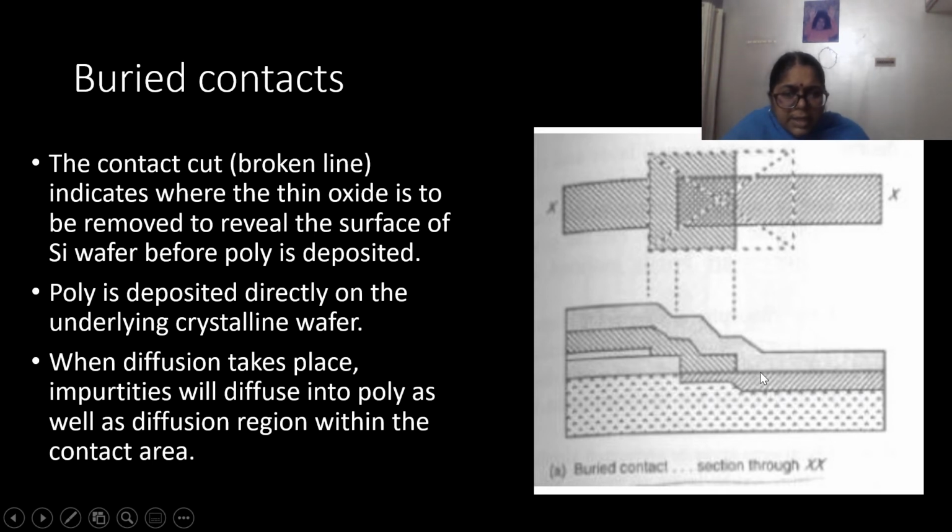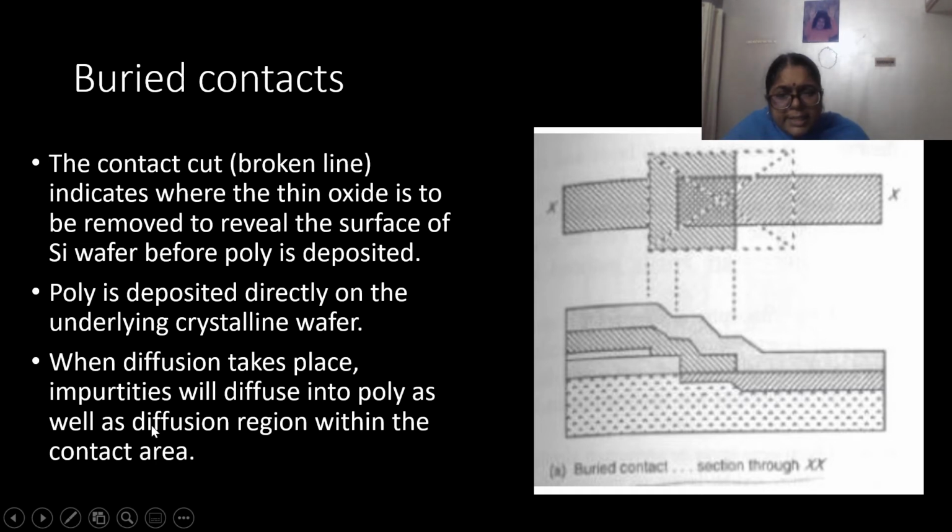So the contact cut is made and the silicon dioxide is removed. So when the silicon dioxide is removed, then when the poly is deposited, the poly will come directly in contact with the diffusion through the contact cut.